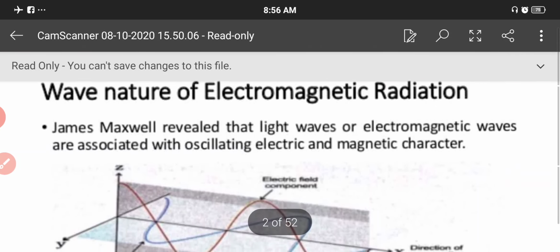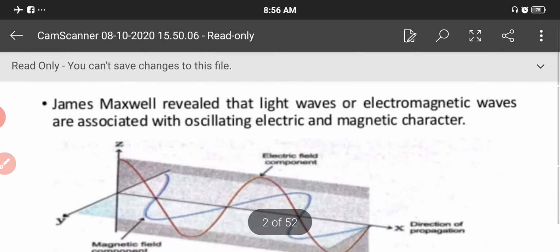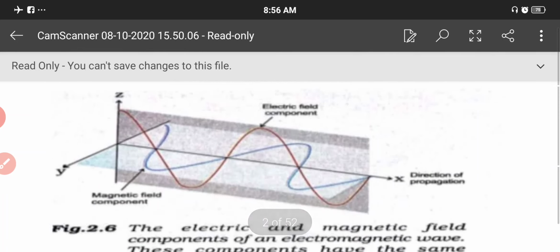So according to James Maxwell, electromagnetic waves are associated with electrical and magnetic fields.